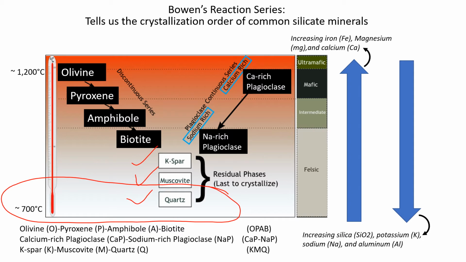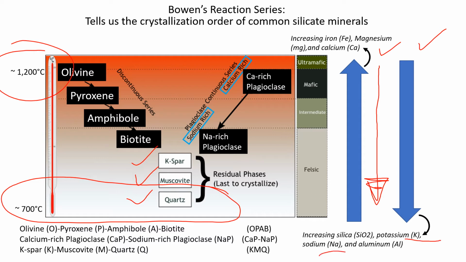And notice on these big bold arrows, what's being indicated here is that up here at high temperature, the minerals tend to contain iron, magnesium, and calcium. And then as the temperature drops, at lower and lower temperature, the minerals are more enriched in potassium, sodium, and aluminum, and also silica itself.